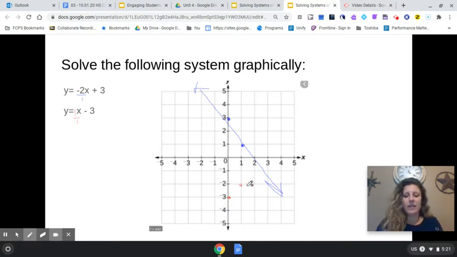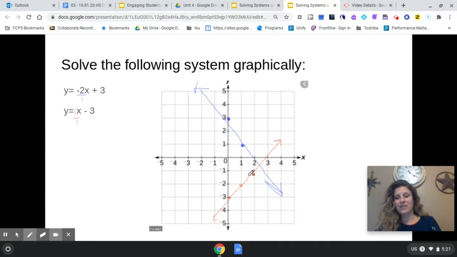And I'm going to connect these 2 points to make a line. I see that the 2 lines do intersect. However, it looks like they are not intersecting at a nice coordinate. So this is a great first example because sometimes when we graph lines, we don't quite hit the points that we wanted to, and maybe our lines aren't completely straight.